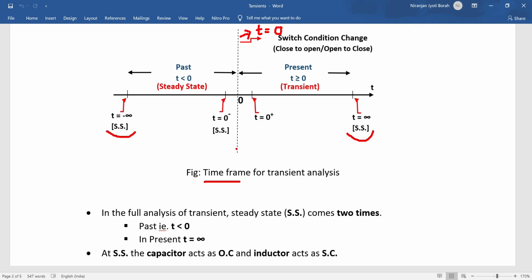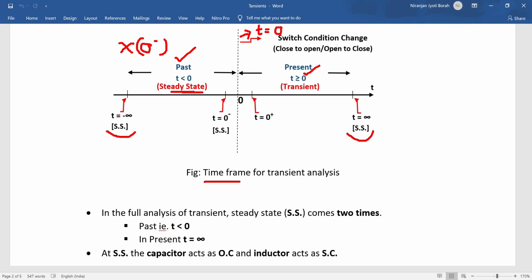For utilizing the shortcut method to obtain the complete response, we will analyze the circuit for 3 different time durations. For t less than 0, the circuit will be in steady state. The circuit will be analyzed during this period to find the initial condition or the initial charge stored across the inductor or capacitor.